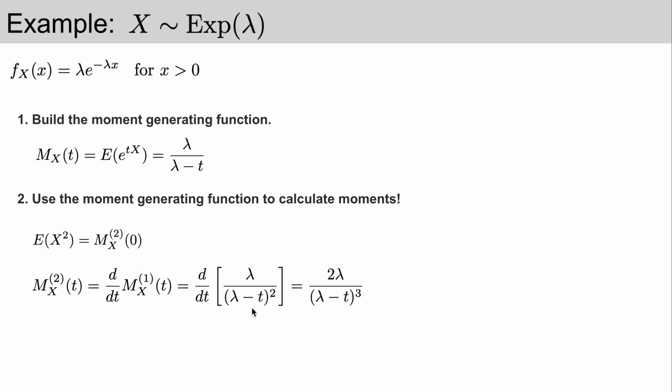Some calculus shows that the derivative of this first derivative, or our second derivative, equals 2 lambda divided by lambda minus t cubed. Again, the calculus isn't the point here, so don't worry too much about it. Finally, plugging in 0 for t, we've proved that the second moment of an exponential random variable with rate lambda equals 2 lambda divided by lambda minus 0 cubed, or just 2 divided by lambda squared.